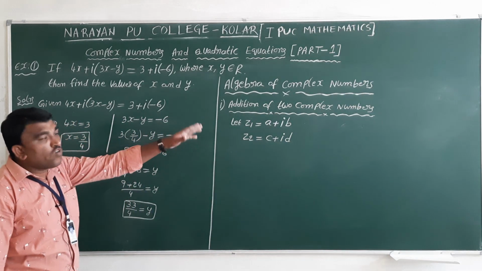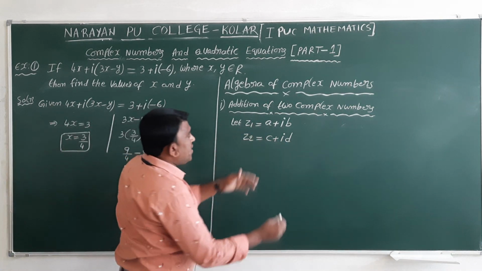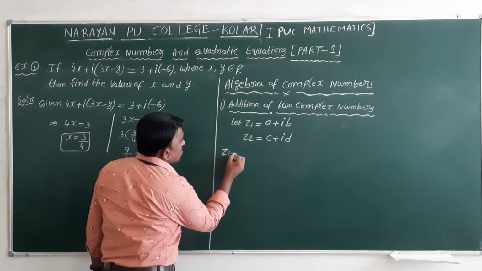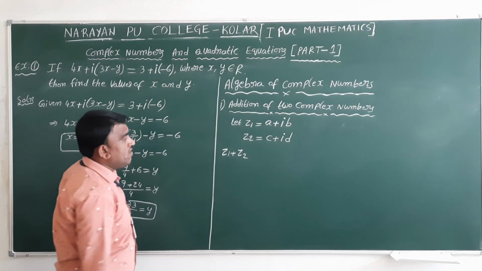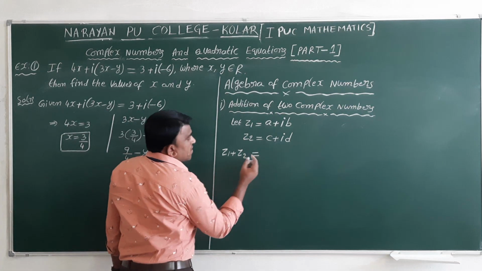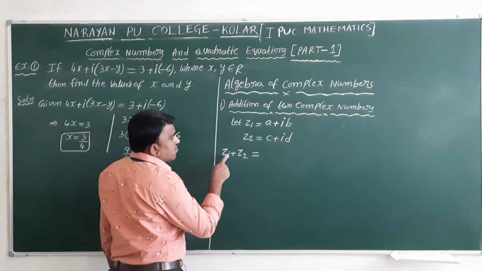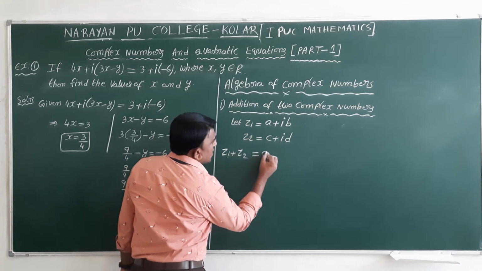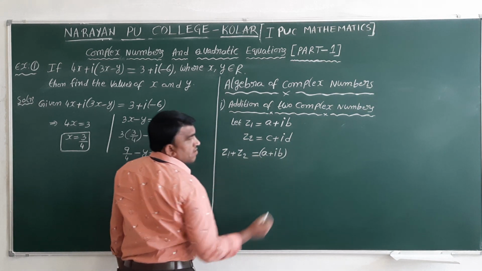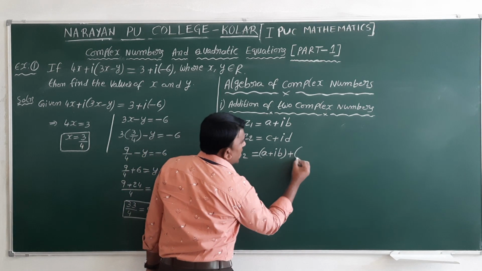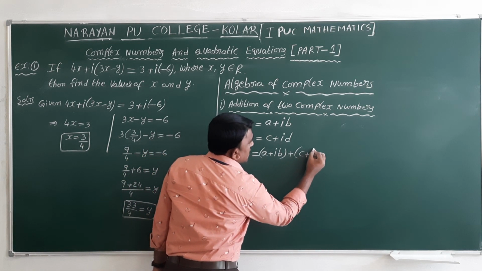Then the addition of two complex numbers is defined by z1 + z2. So z1 value is a + ib plus z2 value c + id.